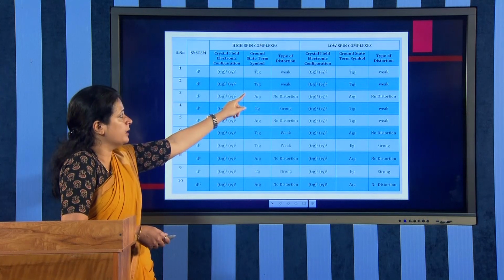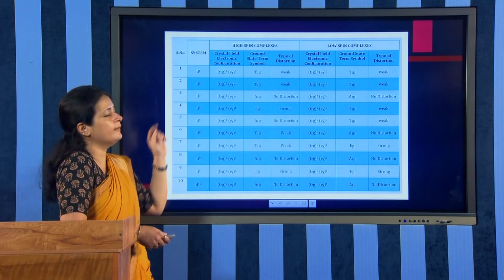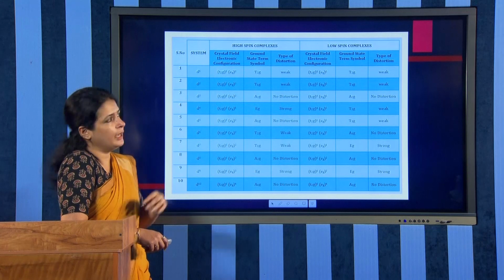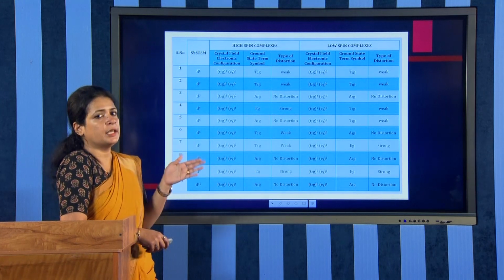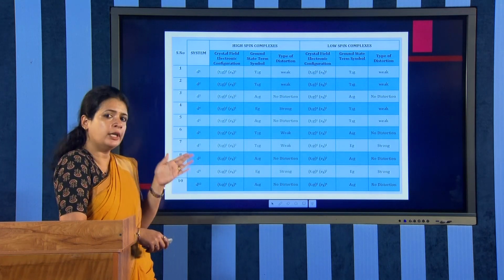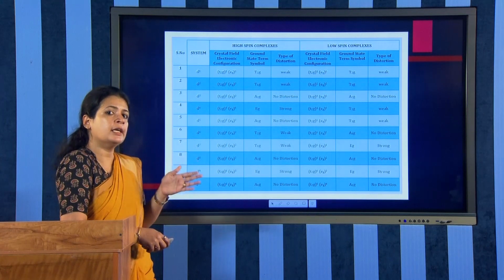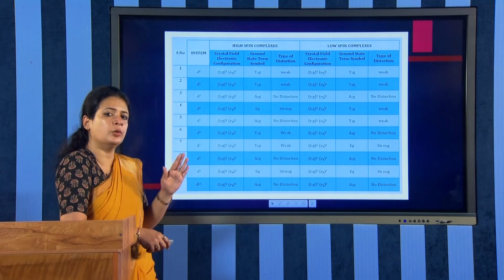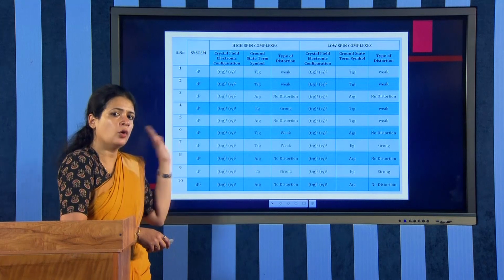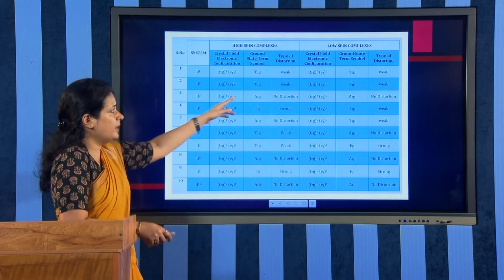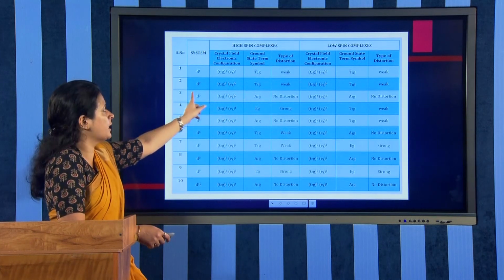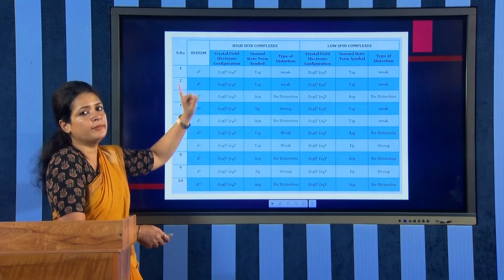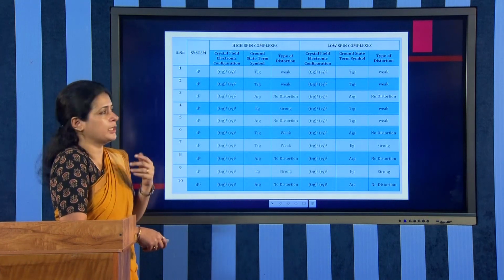That is why there is a weak distortion in the d2 system, again according to the Jahn-Teller theorem. So a weak Jahn-Teller distortion is also there in the d2 state.